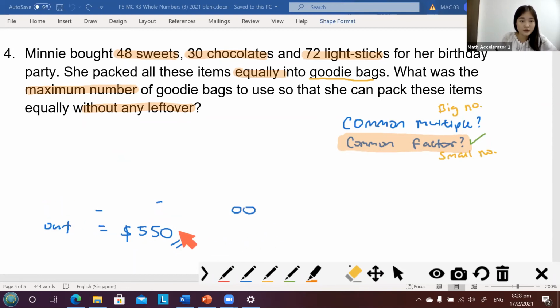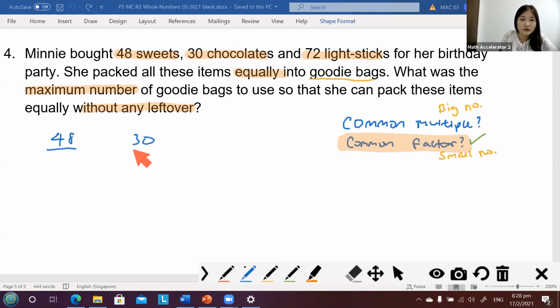So list it out. You have 48, 30, and 72. So do your listing.